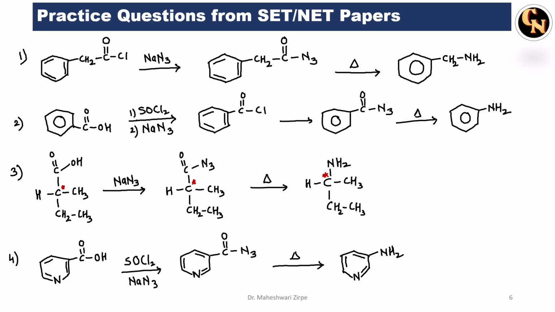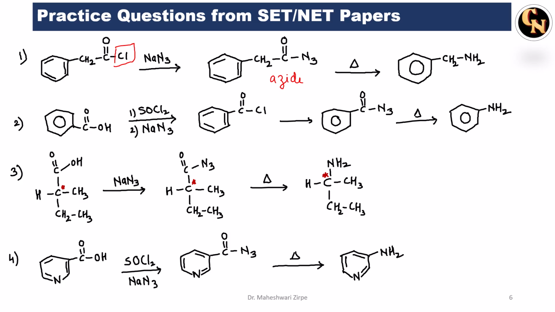The Cl has been converted into N3, your acyl azide. Then after heating, it gets converted directly into an amine group. So basically it undergoes the Curtius rearrangement.